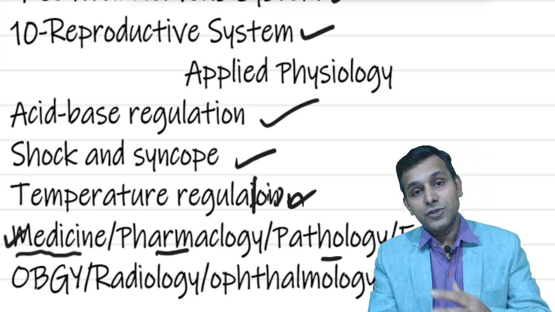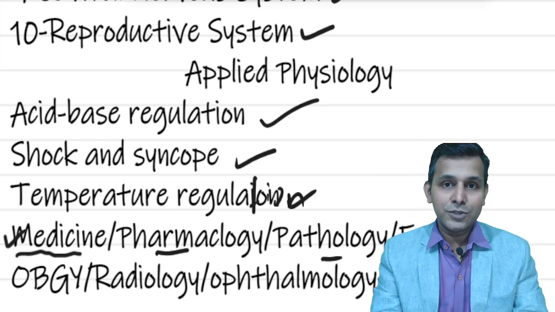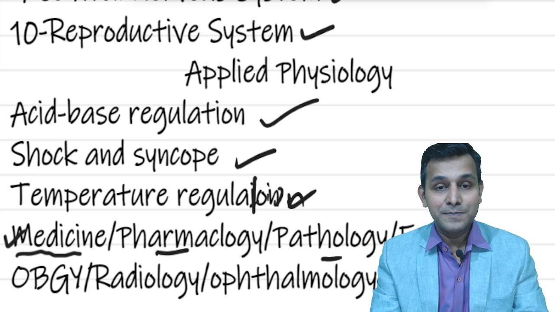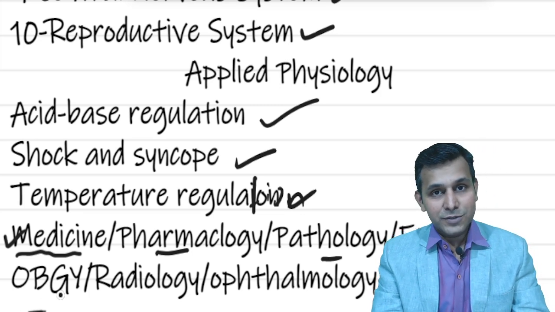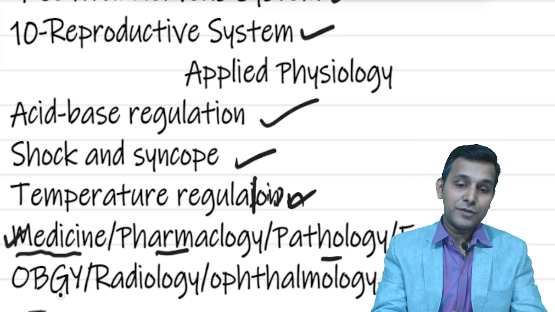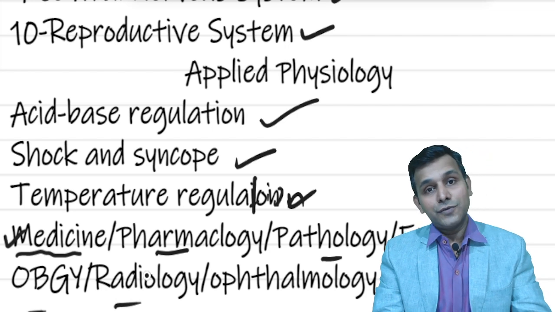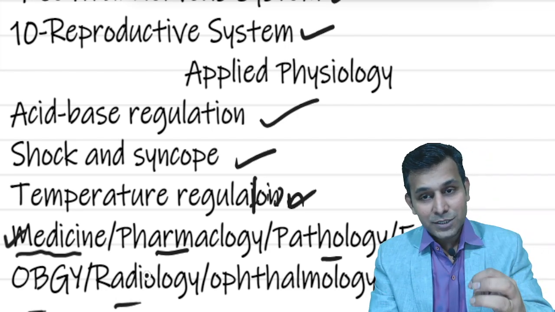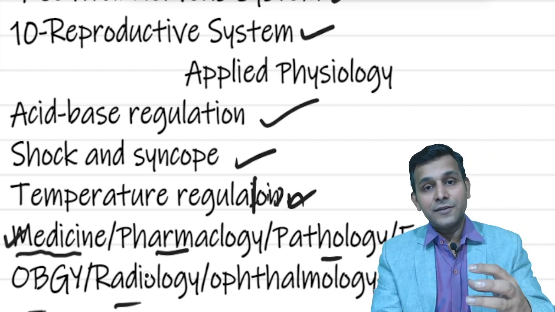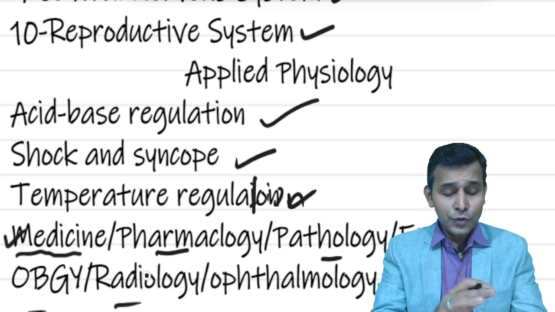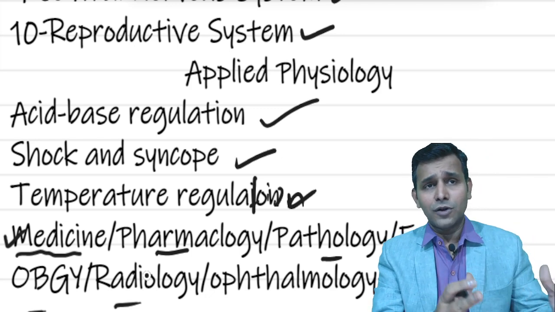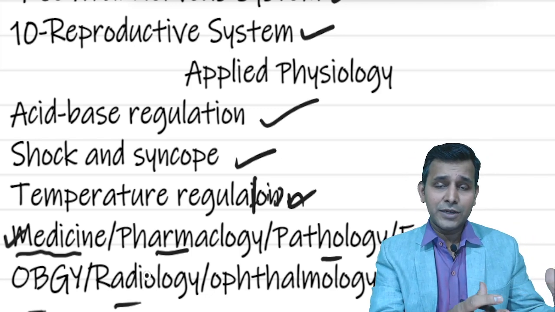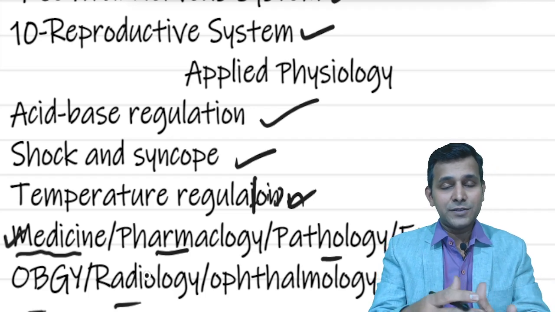The application of physiology also involves ENT, ear, nose and throat, called otorhinolaryngology. Then OBGY, which involves gametogenesis and the female reproductive system. Radiology, once you know the organs and their functioning, and if there is any sort of disease which involves that organ, its functioning getting altered, then how it can be visualized in a radiograph.